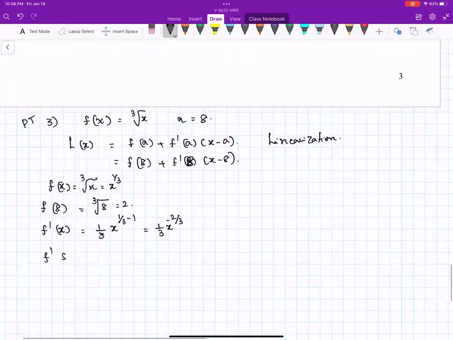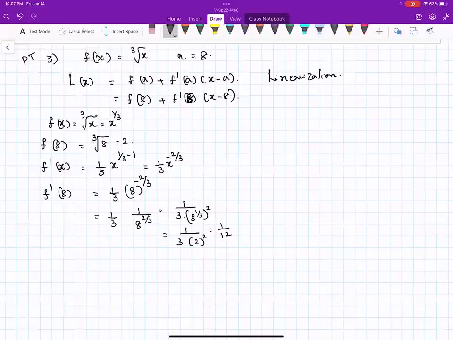If we do f prime of 8, which is 1/3 times 8 to the power negative 2/3. If I do a bit of algebra or use your calculator, you can bring it down and write that as 8 to the power 1/3, the whole square, which is cube root of 8, which is 2. 2 square, that will be 4. So 4 times 3, that will be 12.